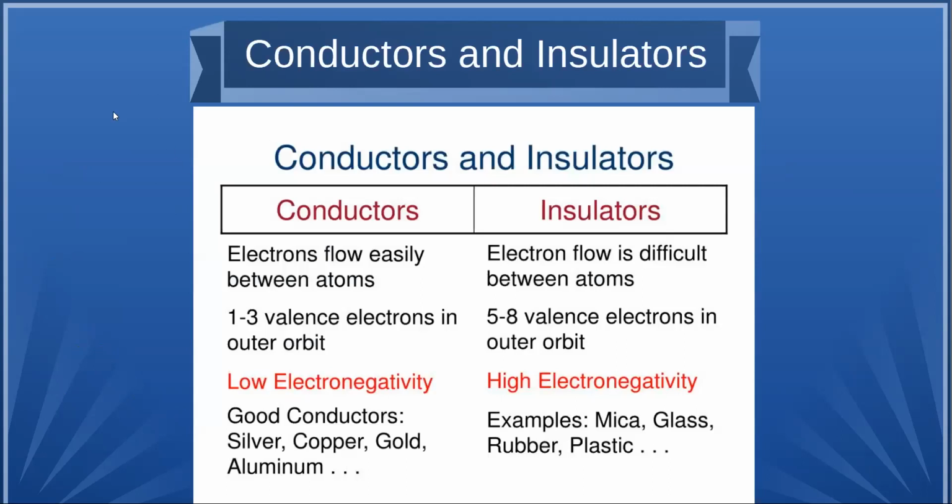Okay, so the other thing I guess that Edison or Franklin did was use the terms conductors and insulators. A conductor is normally a metal, usually has 1 to 3 valence electrons in its outer orbit.